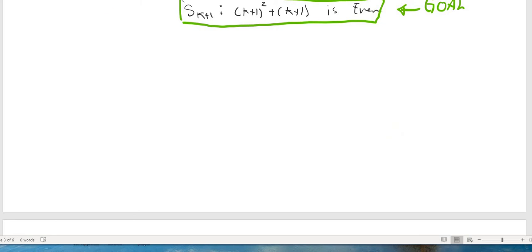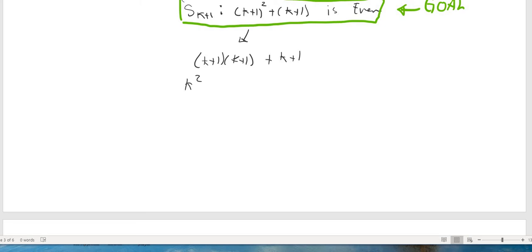Okay, let's see here. So I guess here, this is FOIL, right? K plus 1 multiplied with K plus 1, plus K plus 1, right? FOIL this out. K times K, that's K squared.